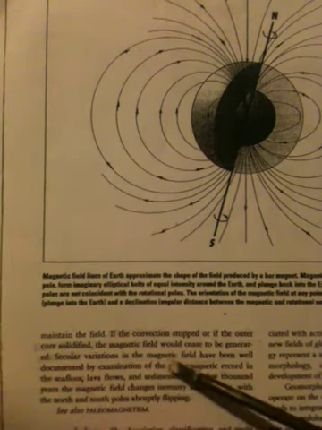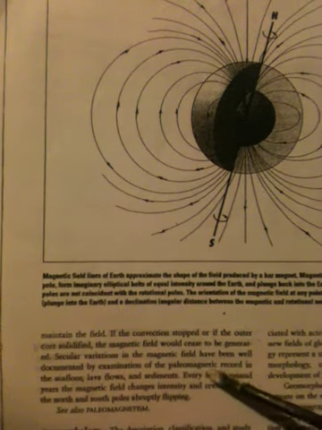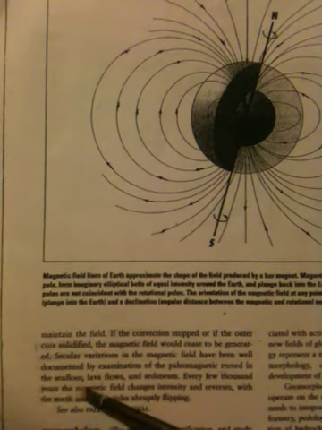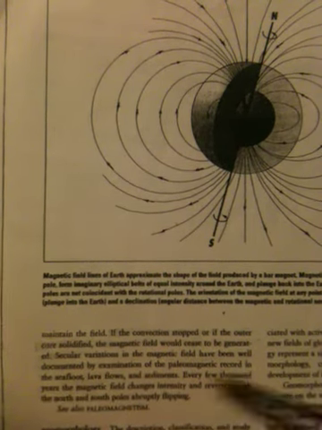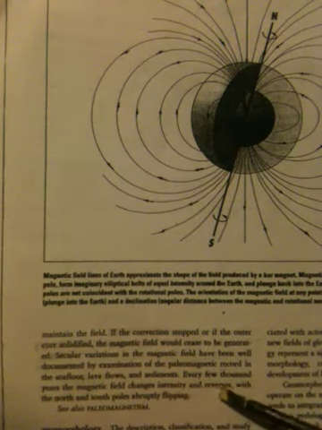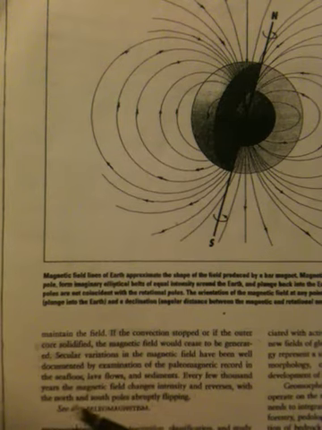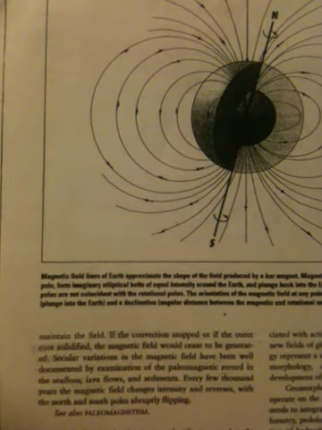Secular variations in the magnetic field have been well documented by examination of the paleomagnetic record in the sea floor, lava flows, and sediments. Every few thousand years, the magnetic field changes intensity and reverses, with the north and south poles abruptly flipping. All right, so they just told you a whole lot right there.